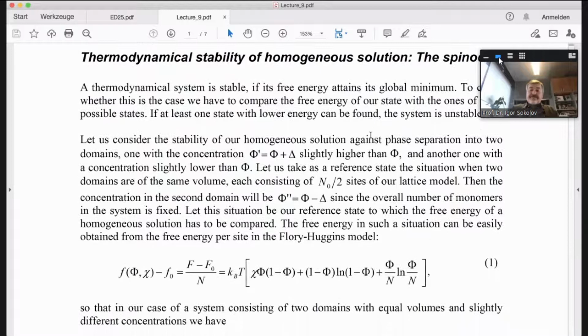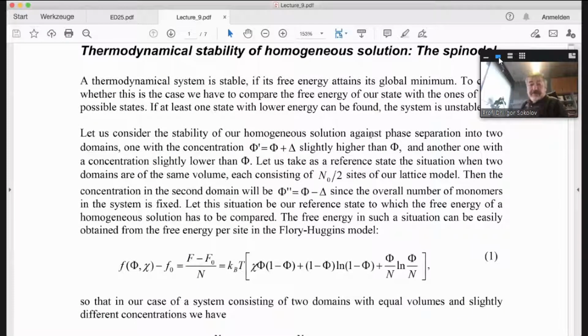Now, this is the following. It might be that when your pressure gets presumably negative, something happens with your system and it phase separates.